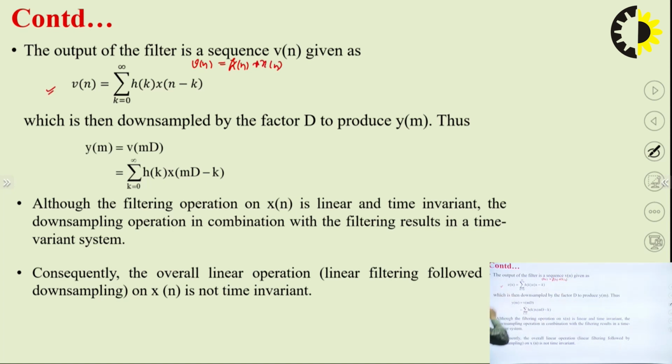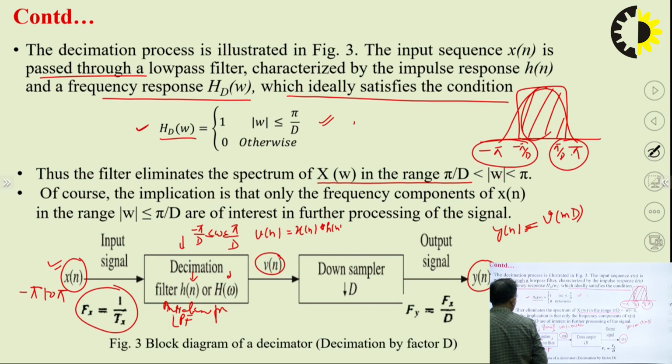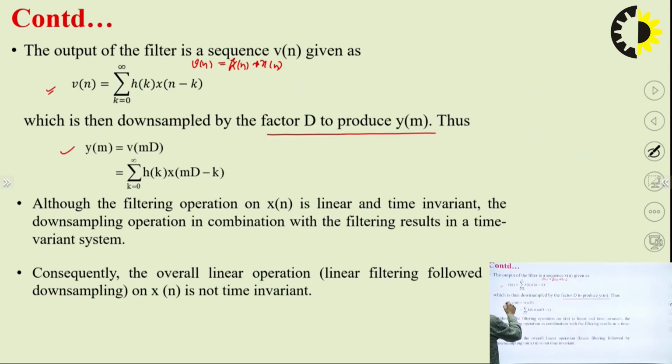We can write it as v(n) equals the summation over k from 0 to infinity of h(k) times x(n minus k), which is then downsampled by factor D to produce y(m). So y(m) will be equal to v(mD). Now we put n equals mD in this equation, so we get h(k) and in place of x we write x(mD minus k), again with summation k from 0 to infinity.